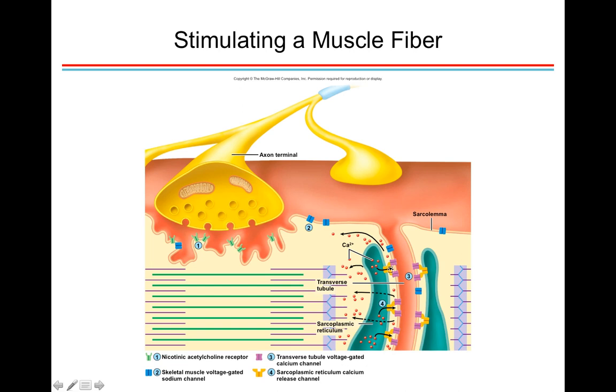Because they're physically attached to each other, the conformational change triggered by the opening of the voltage-gated calcium channels in the sarcolemma can trigger a conformational change in the calcium ion channels in the membrane of the sarcoplasmic reticulum, and then they both open simultaneously. This leads to a very rapid influx of calcium into the sarcoplasm. You'll see in a little bit that calcium is absolutely critical for the contraction of muscles.